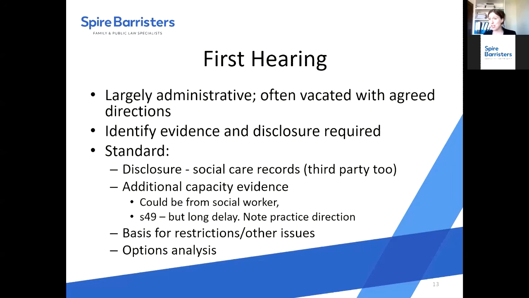Is it proportionate? Is it necessary for the case? Can a shorter time frame be agreed at this stage with provision to apply for further disclosure if required? There'll often be third-party disclosure orders against the care home for their records, potentially against hospital trusts or the GP for their records.